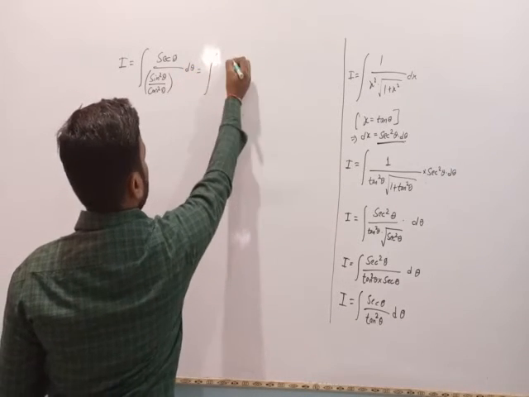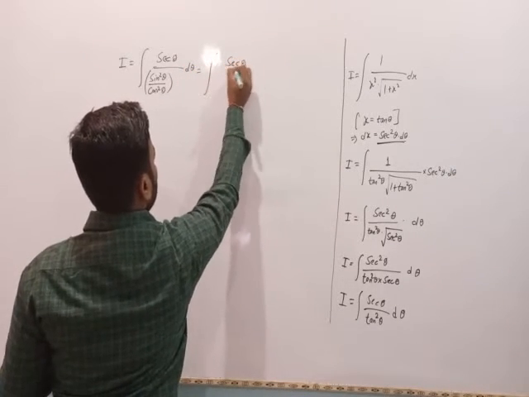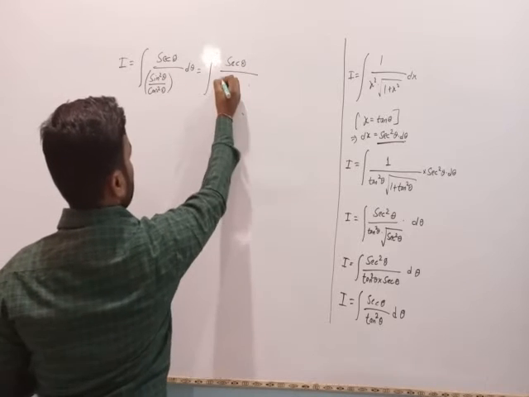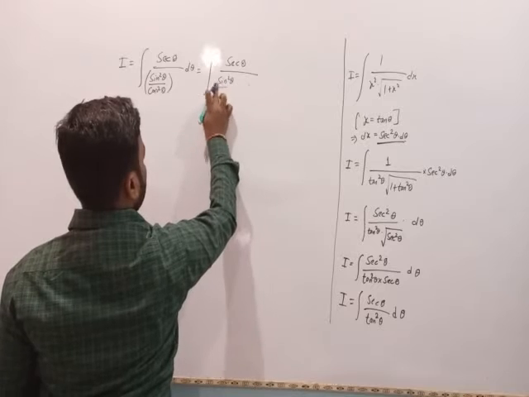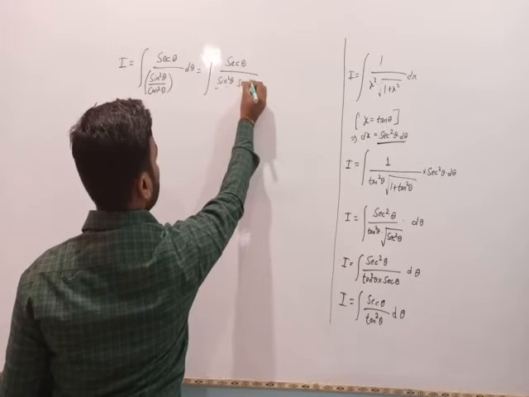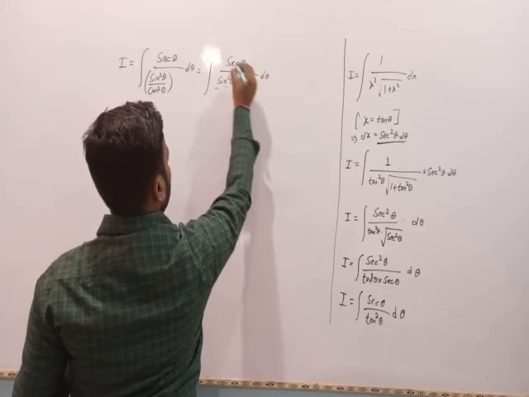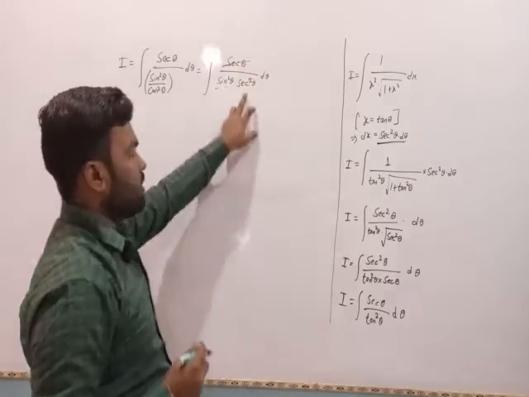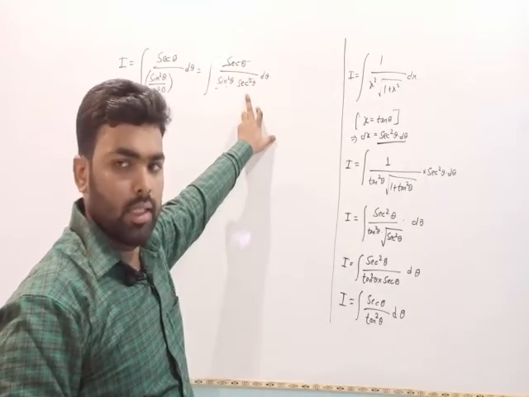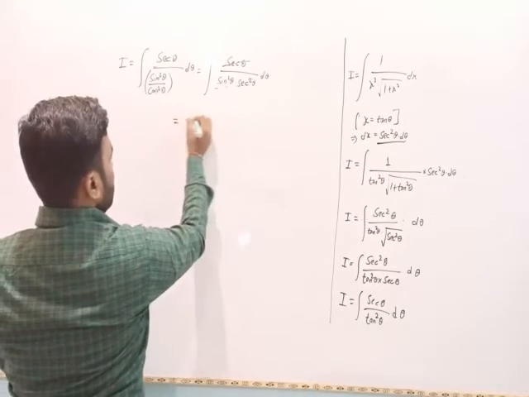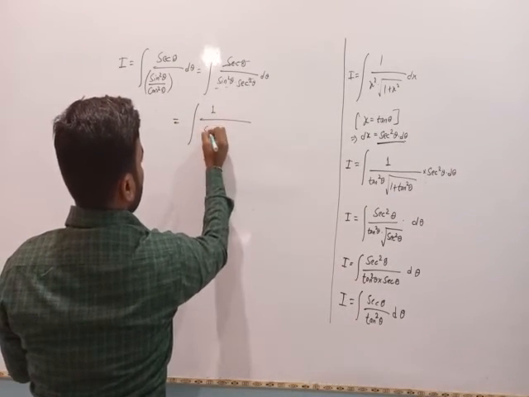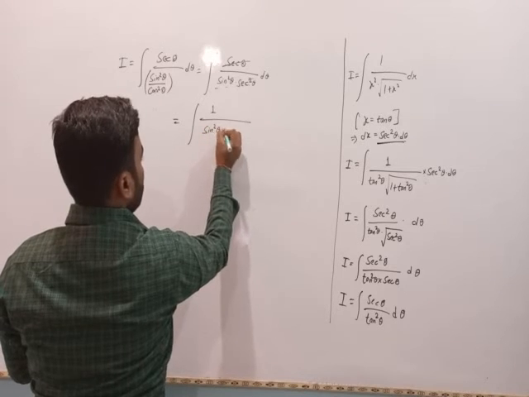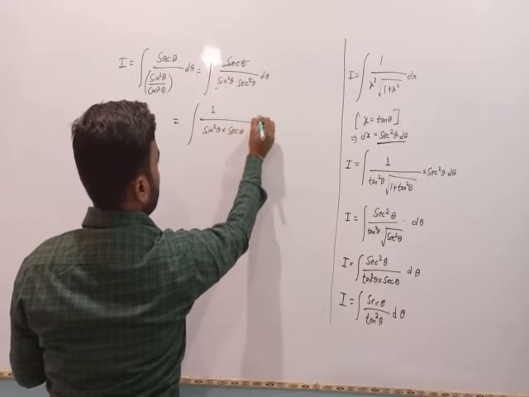Now this will become sec theta divided by sin square theta into sec square theta d theta. One sec theta from the numerator will get cancelled, so this will become integration of 1 upon sin square theta into sec theta d theta.